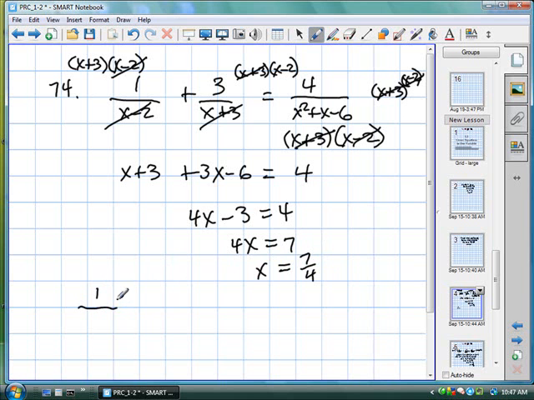So when you're done with a problem and they say check it, you literally have to plug in the x value wherever it appears, and you've got to do the arithmetic to show that it really works. That's sometimes a little bit of work. Like in this case, we're going to have to mess around with some denominators. Here's going to be real fun.